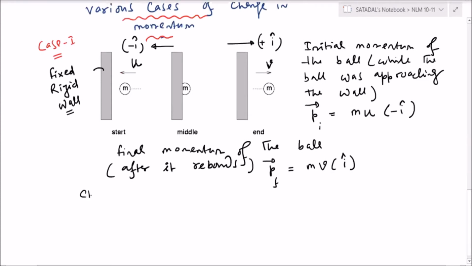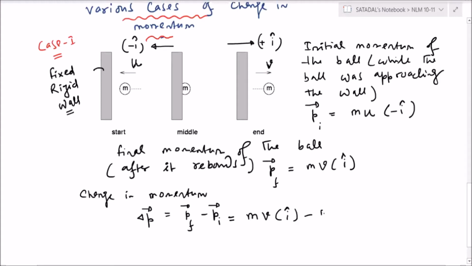So change in momentum, delta p vector, what should I write? p_f vector minus p_i vector. So p_f vector minus p_i vector, how much? mv i cap minus of mu of minus i cap. So this minus minus plus, how much does it become? m into (v plus u) i cap.